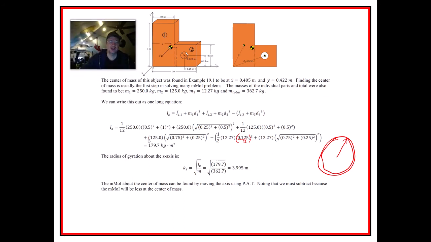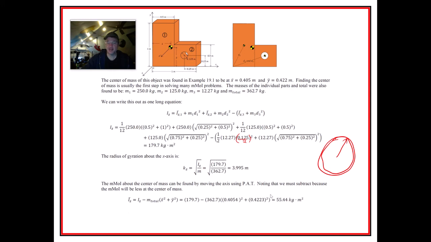And now if you want the mass moment of inertia about the thing's center of mass, we need to do the opposite of the parallel axis theorem, really. We need to subtract out from this mass moment of inertia about the z-axis the mass times the distance that we have to move, and that turns out to be x bar squared plus y bar squared, the x bar and y bar that we got from the previous one.